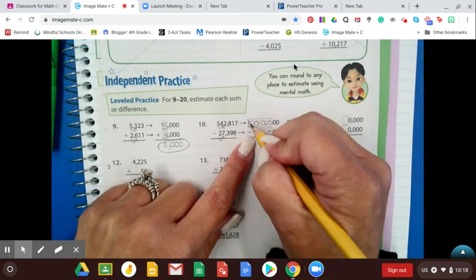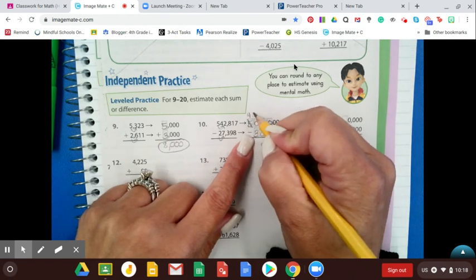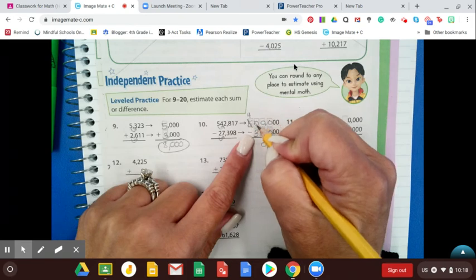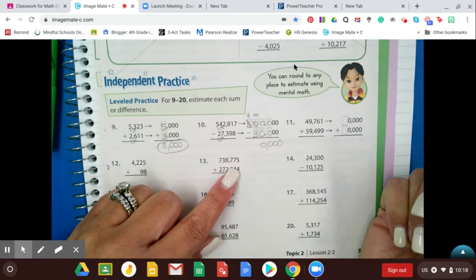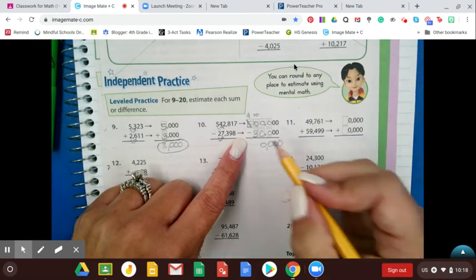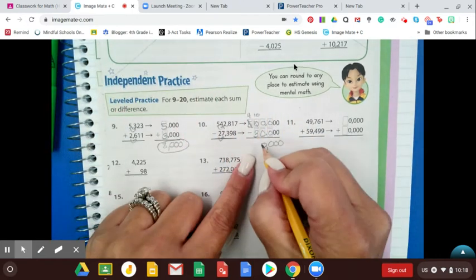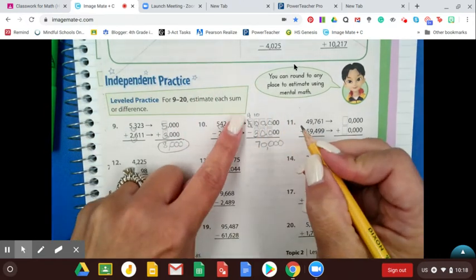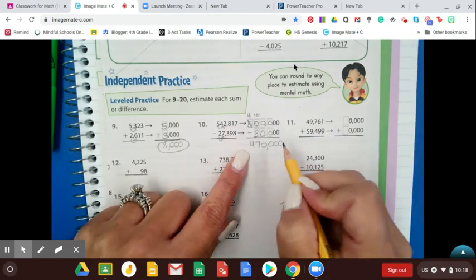So I have to go to my 5, make it a 4, bring the 1 over, and stand it in front of my 0. Now I can have 10, right? So now 10 minus 3, can I do that now? I sure can. 3, 4, 5, 6, 7, 8, 9, 10. That would be 7. And I have 4 minus nothing is going to be 4, making my final answer 470,000.